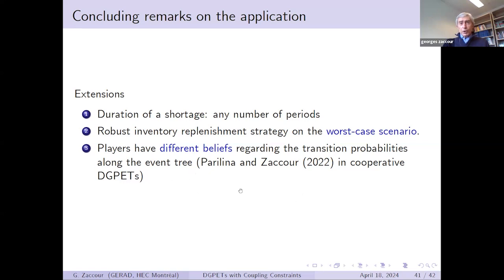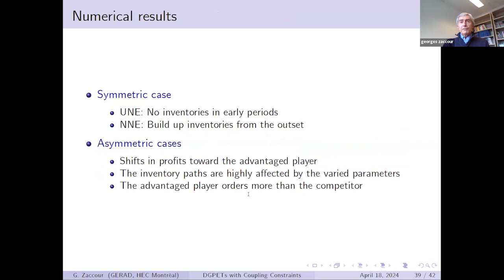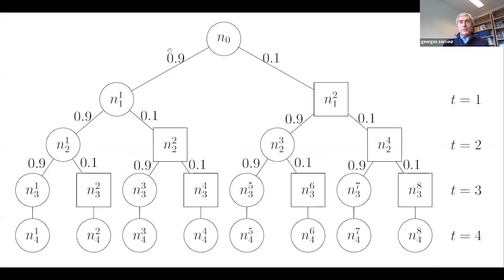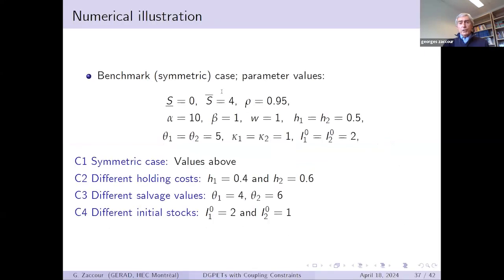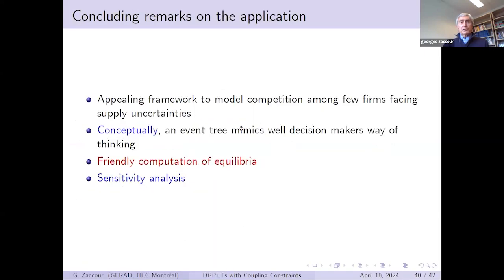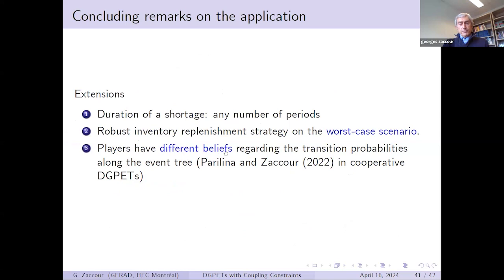Here we assume that all players have the same beliefs about how the tree is, how the stochastic process is progressing. For instance, here all players believe that the probability of going from node N0 to N11 is 0.9. In fact, you don't need to do it. You can assume that the players have different beliefs.